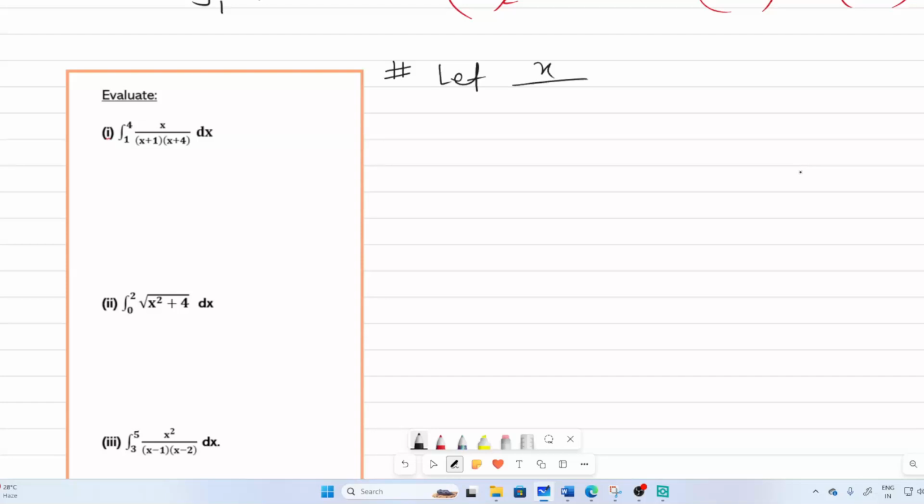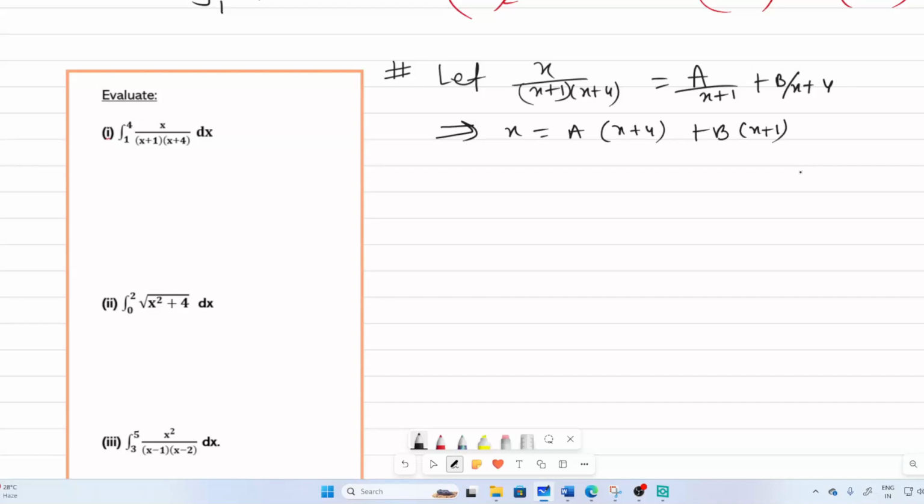Let x by (x plus 1)(x plus 4) equal a by (x plus 1) plus b by (x plus 4). I'll use the second fundamental theorem, but we need to integrate this first. Then you cross multiply and compare: x equals a(x plus 4) plus b(x plus 1). A, b we have to get. How to get a and b?